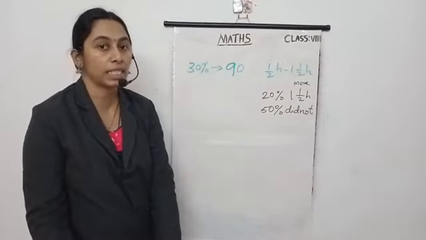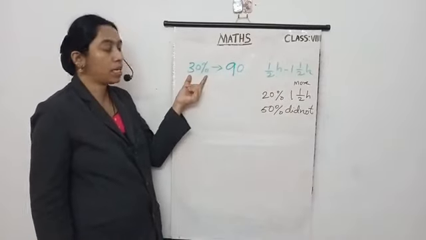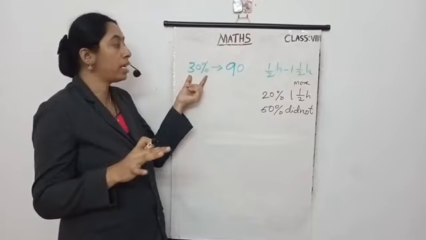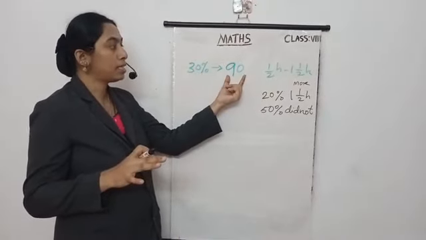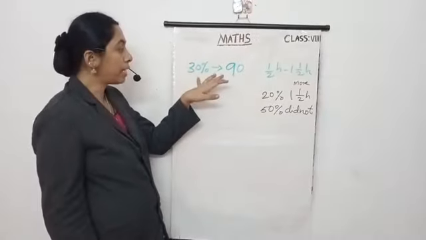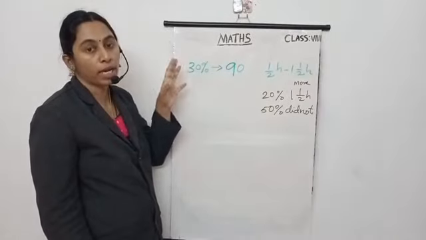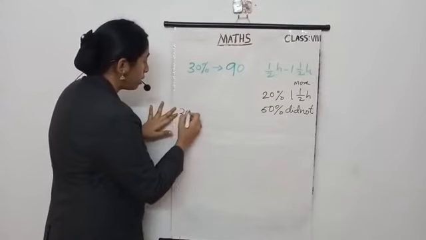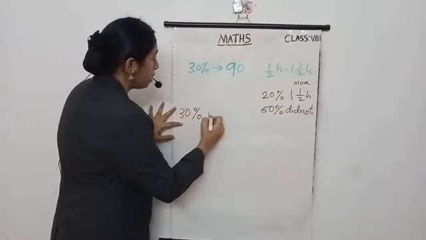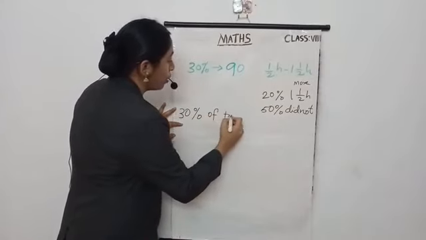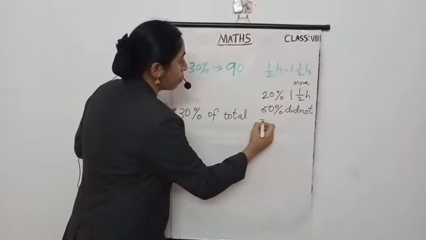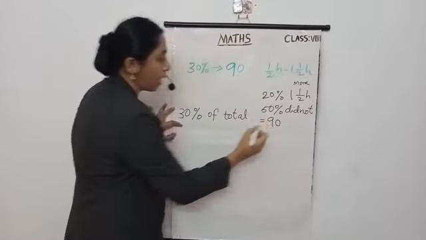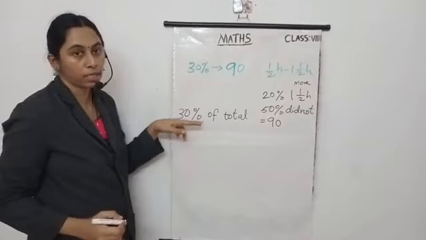So we connect that 30% of total parents is 90. From this we can find the total number of parents surveyed. So I told you, 30% of total parents surveyed equals 90. This is the connection. Okay.